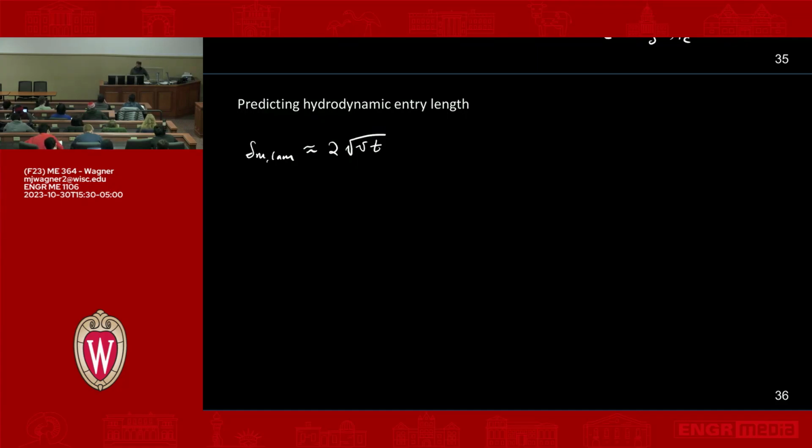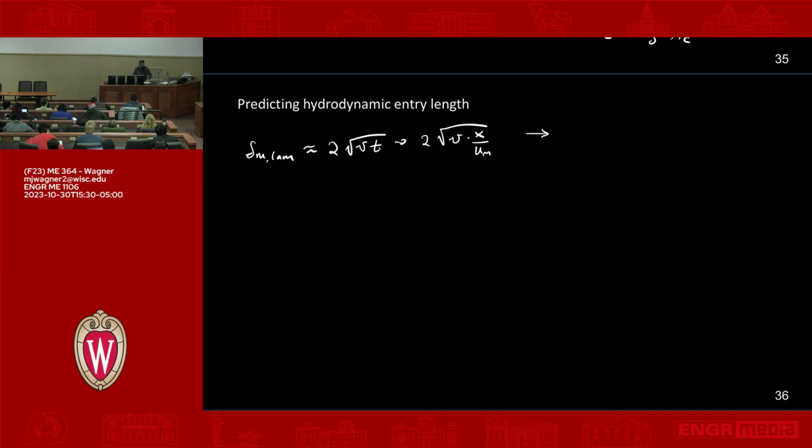Then we said for flow over a flat plate, we can replace time with x over the velocity. So this is actually 2 square root of viscosity times position x over the mean velocity, u_m. I call it u_m here, same as u bar.